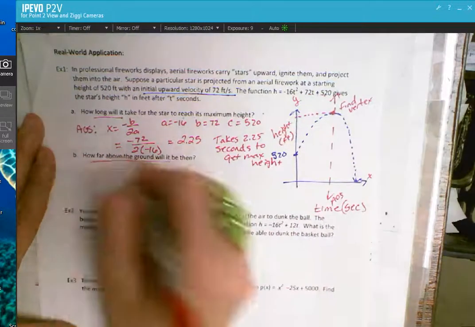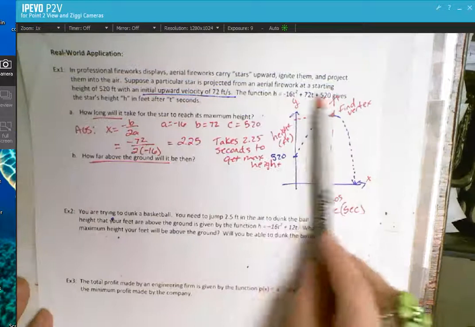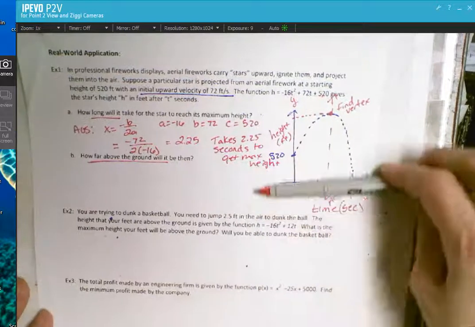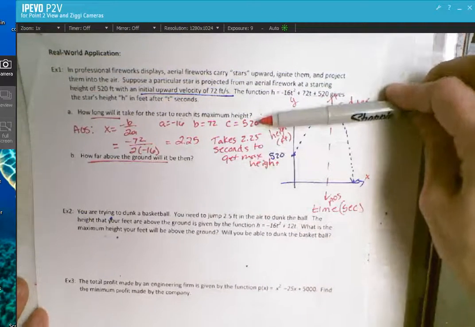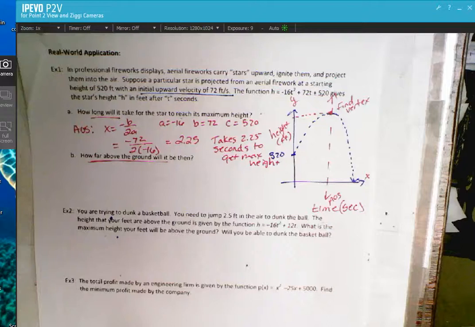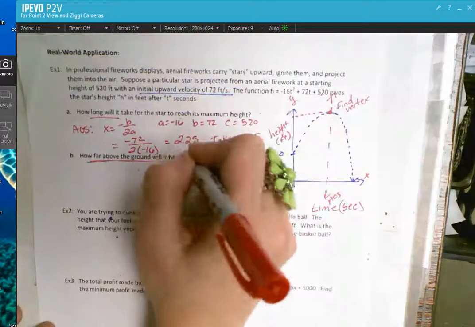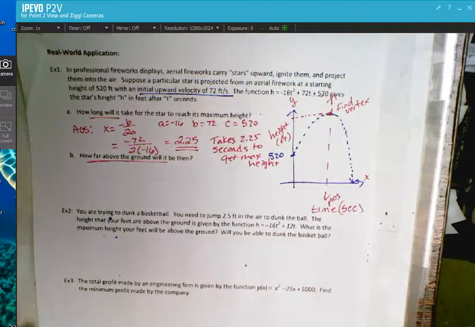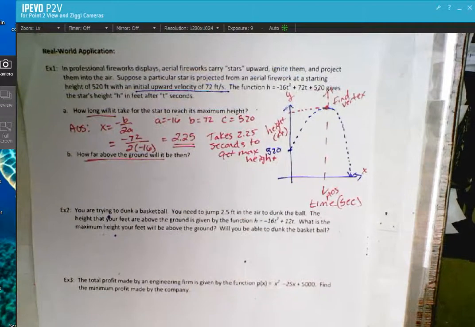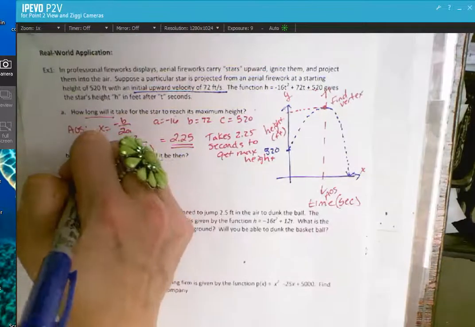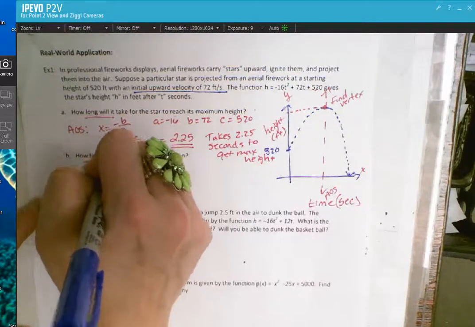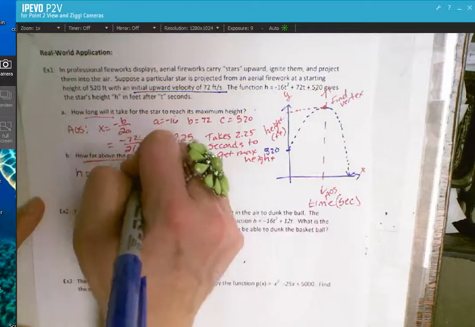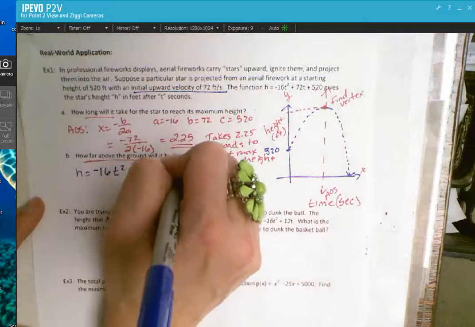How far above the ground it will be. So my x value is time. How far above the ground will it be at that maximum height means I need to find my y. If I already know what my x is, then I can substitute it in to find my y. So I'm going to take my original equation, h equals negative 16t squared plus 72t plus 520.